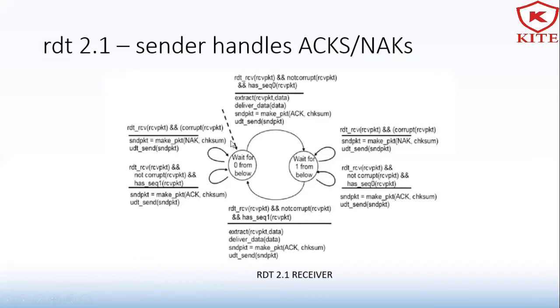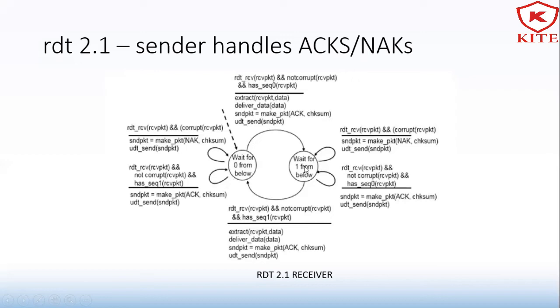Similarly over here, it is the mirror event, the only difference being the sequence number. This is for sequence number 0 and this is for sequence number 1. These are similar events and actions.